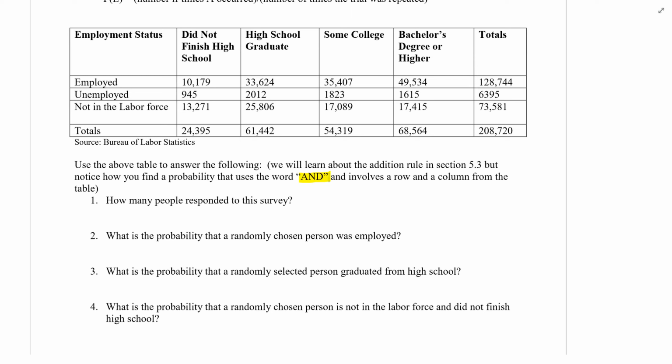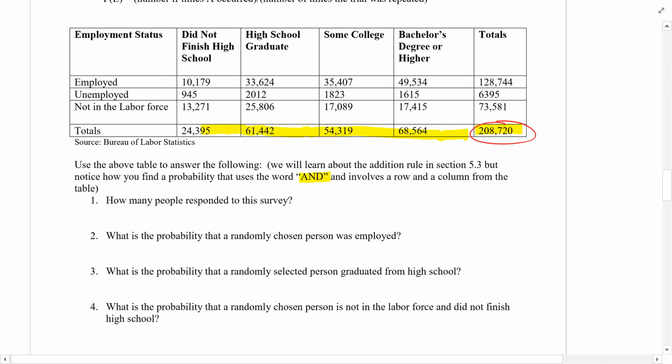So first, how many people responded to this survey? Well, the total number responding in the survey is this number over here. It's 208,720. Notice that if I add the row totals here, 24,395, 61,441, add all this up, I would get this number. This is a grand total.